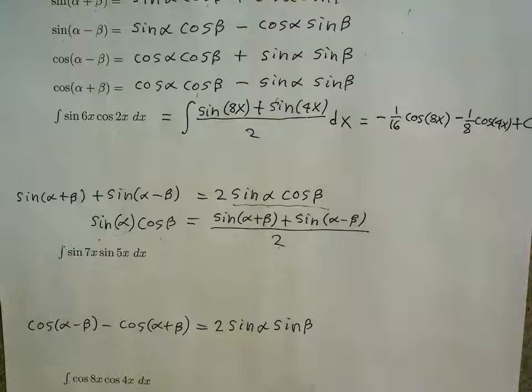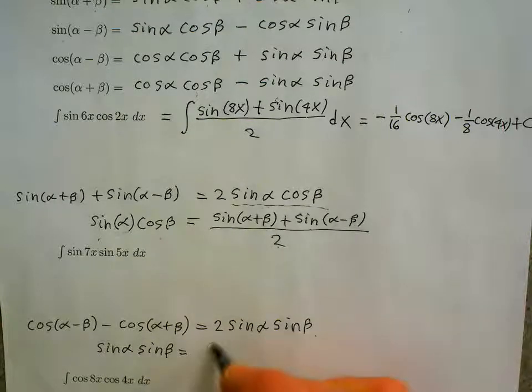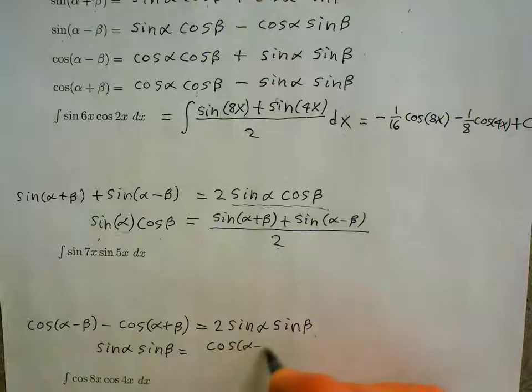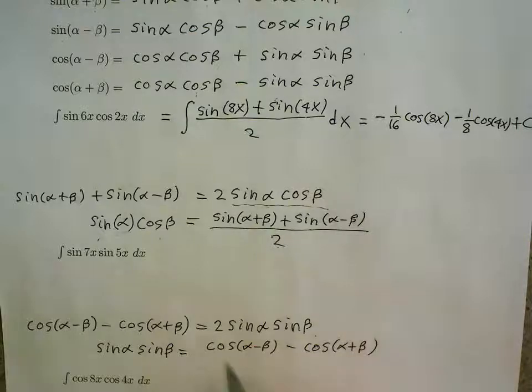So the identity we want is sine of alpha times sine of beta. So we'll just divide both sides by 2. And we'll get sine of alpha times sine of beta equals cosine of alpha minus beta minus cosine of alpha plus beta, all divided by 2.